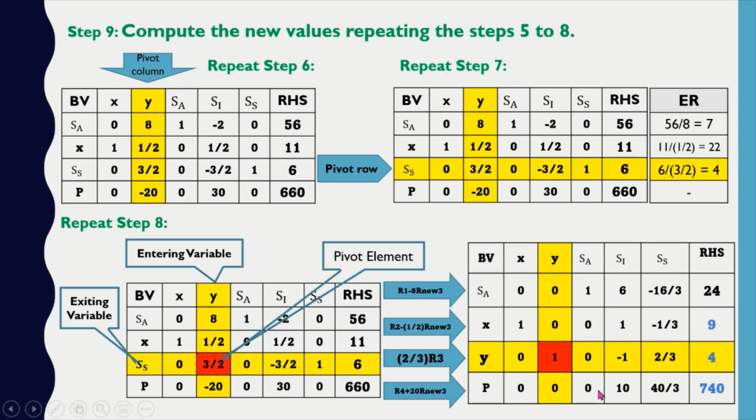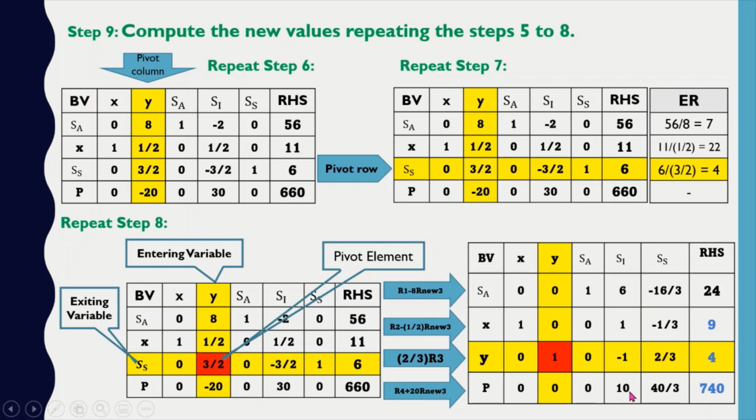Next, SI. Here we have the original value, which is 30, plus 20 times our new value, which is negative 1. Negative 1 times 20 is negative 20. Negative 20 plus 30, that is 30 minus 20, which is equal to 10.